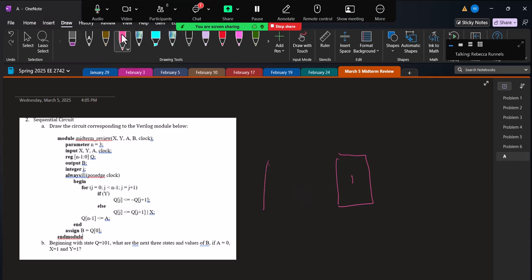So I'm going to go ahead and draw it, because maybe at this point on the test I don't know what I'm doing, but I know Rebecca told me this was a good way to start. I'm going to have the output of the multiplexer go into the input of each of the flip-flops. Those are supposed to be little trapezoids.